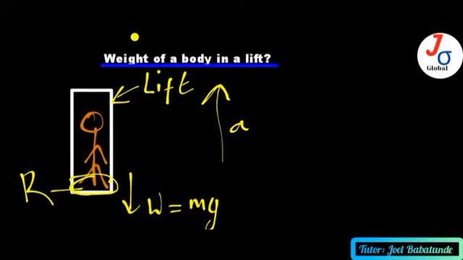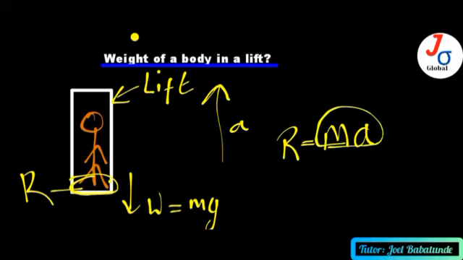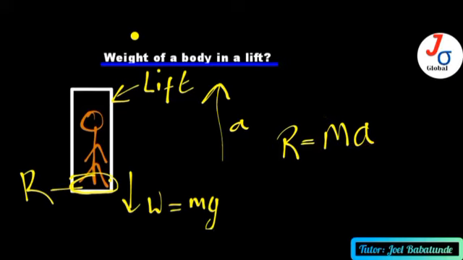Now the unbalanced force is actually going to be given as R equals ma, that's the mass and the acceleration of the lift, then plus mg, the weight of the guy.